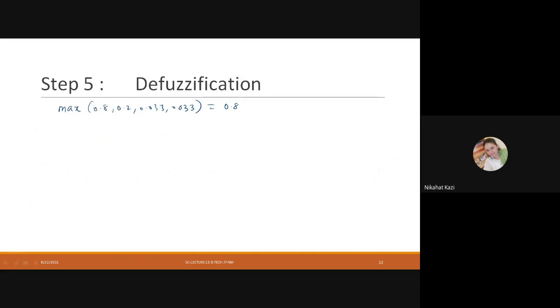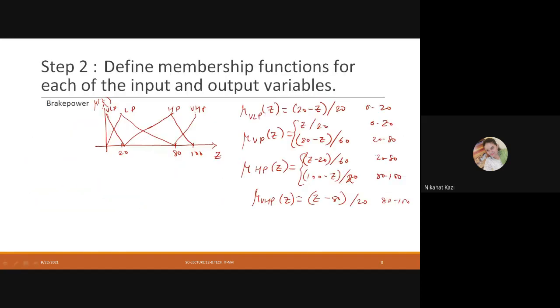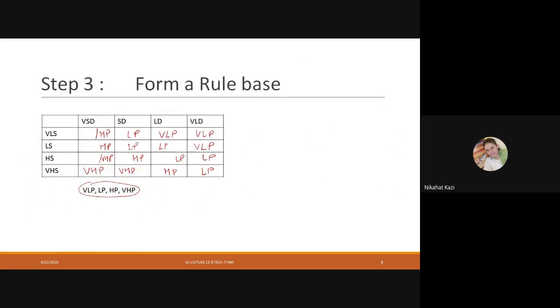Okay, so 0.8, those equations, I'll just write down the equations. The high power equation of Z, Z is the variable. High power equations are (Z minus 20) by 60 and (100 minus Z) by 20.